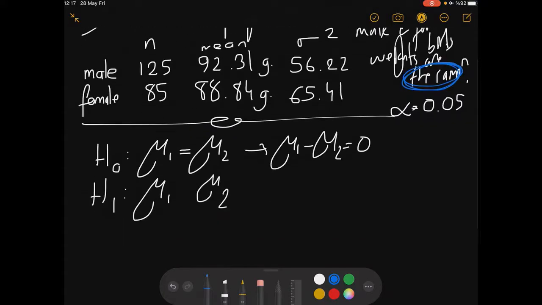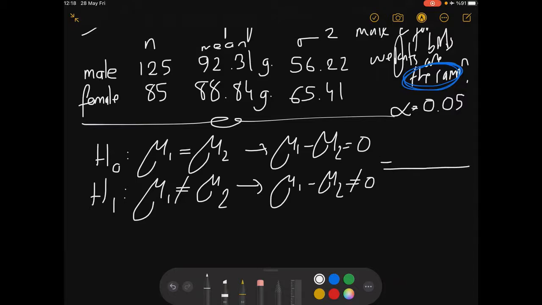Okay, you go back to the question and you can see that it is a two-tailed one. So it means that mu1 minus mu2 is not equal to 0. So in this sense, you immediately understand that what we're trying to do here is two-tailed.